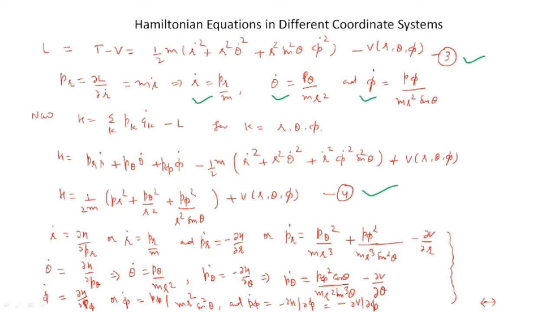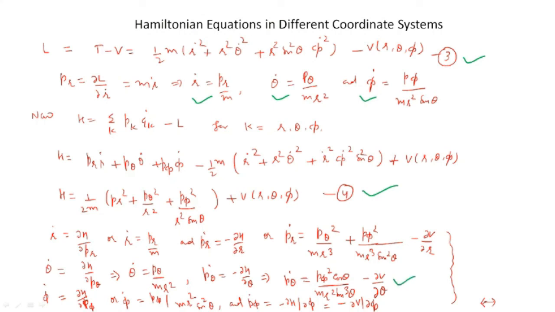Similarly we can find θ̇. It will be equal to ∂H over ∂pθ, or we can say that θ̇ is equal to pθ upon mr². So ṗθ here will be minus ∂H over ∂θ. So we can write ṗθ is equal to pφ² cos θ upon mr² sin³θ minus ∂V over ∂θ.